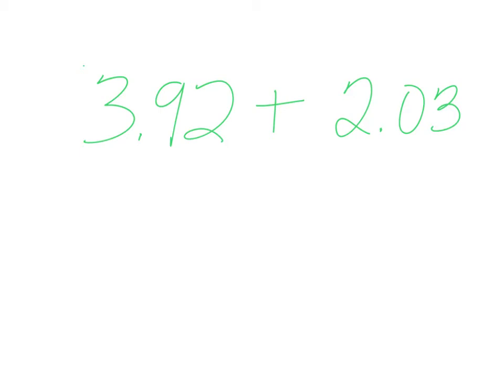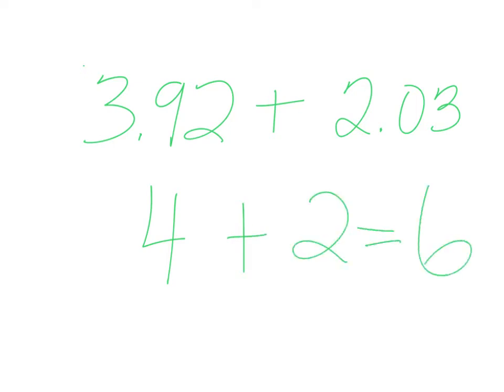Well, if this were out in the real world and it was money, a lot of times people wouldn't go, okay, well, I'm going to go add $3.92 plus $2.03. They're probably going to say, well, $3.92 is pretty much 4, and $2.03 is pretty much just 2. So I'm going to estimate this to be around 6, or if it was money, to be around $6.